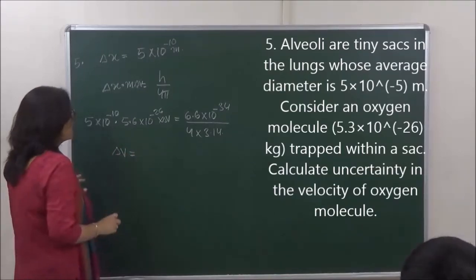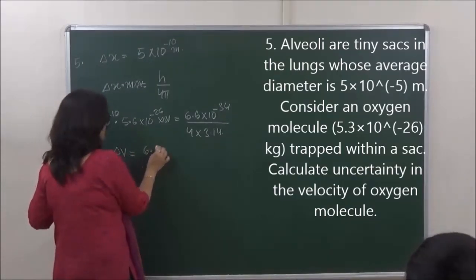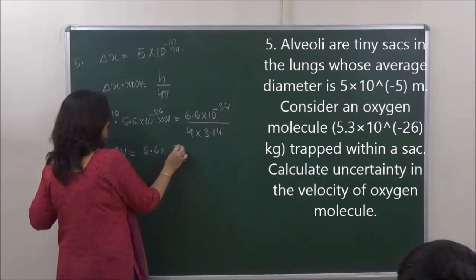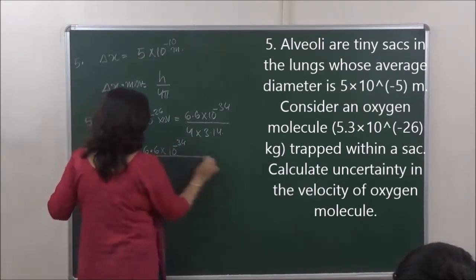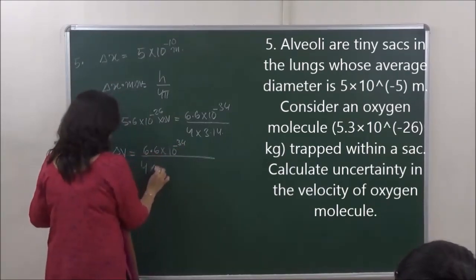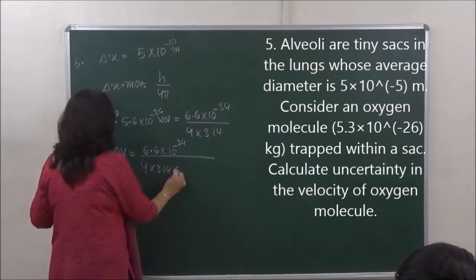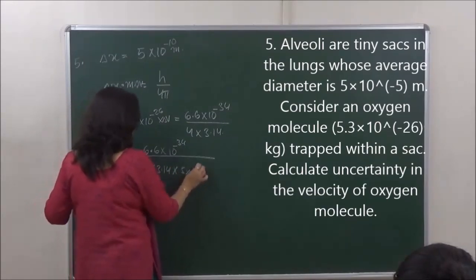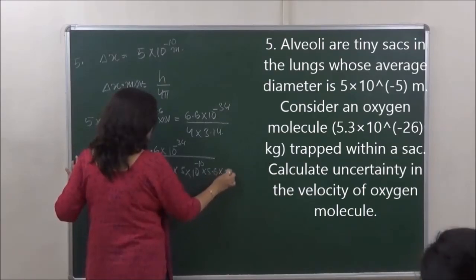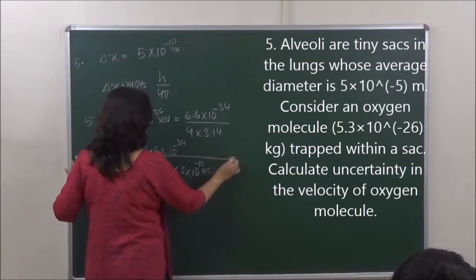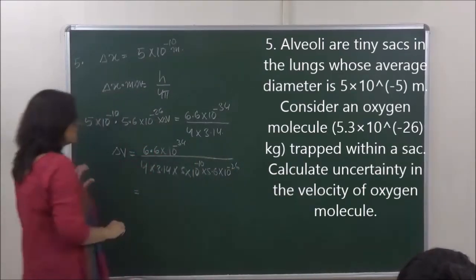Delta v will become equal to 6.6 into 10 raised to power minus 34 upon 4 into 3.14 into 5 into 10 raised to power minus 10 into 5.6 into 10 raised to power minus 26.